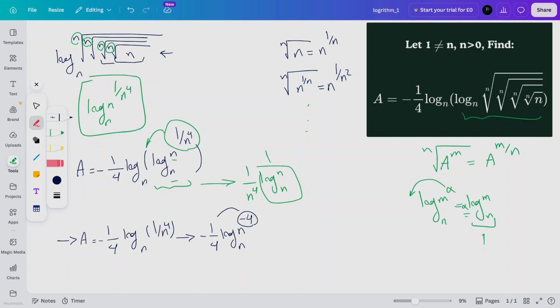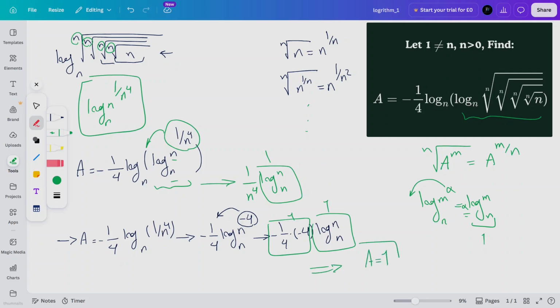I'm going to bring this in front of this logarithm, so it's going to be multiplied by minus 1 over 4 multiplied by minus 4 logarithm of argument n base n. This equals 1. We have two minuses, so this equals 1 as well. So we can just simply say A equals 1.